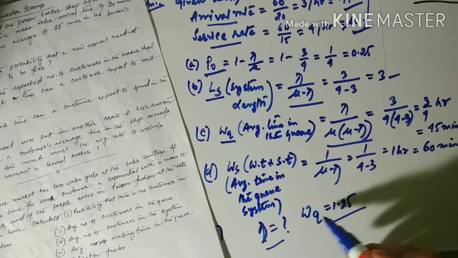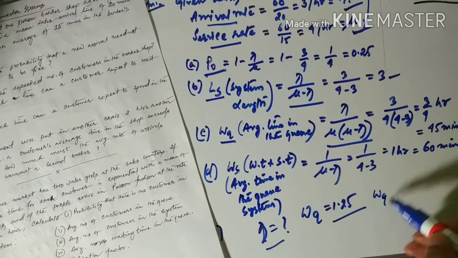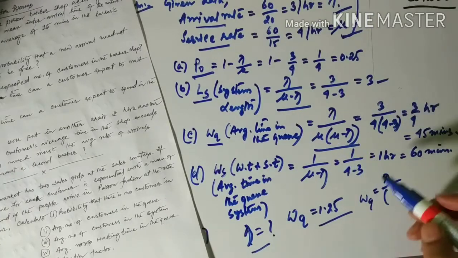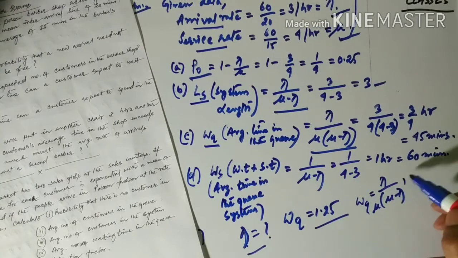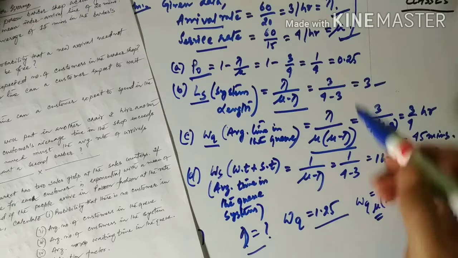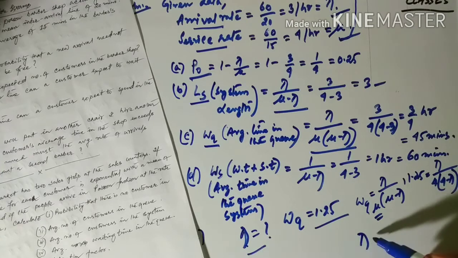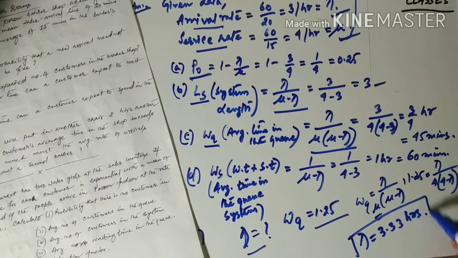So from Wq you can write lambda by mu into (mu minus lambda). 1.25 equals lambda by 4 into (4 minus lambda), since mu is unchanged at 4. You can solve it. After solving, you will get lambda equal to 3.33. I have solved it.